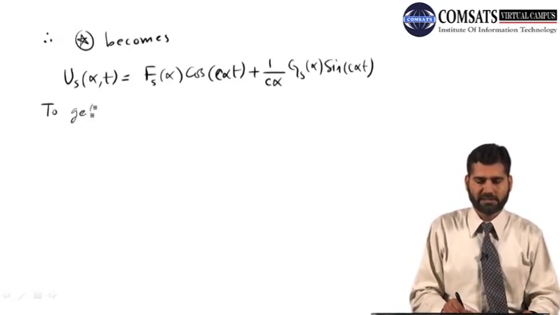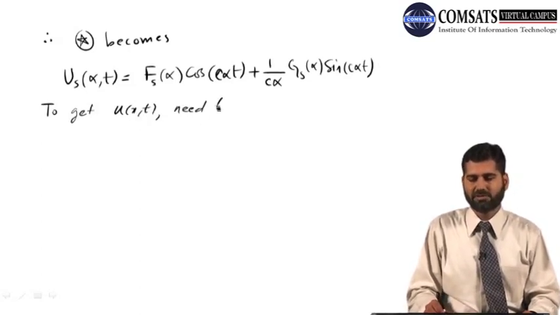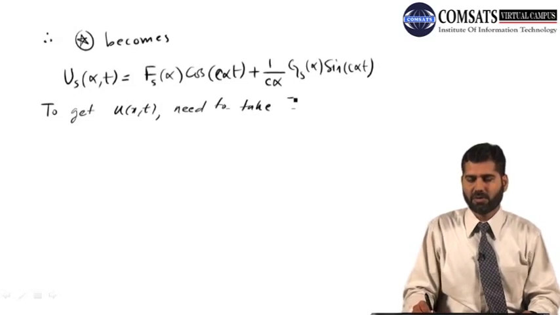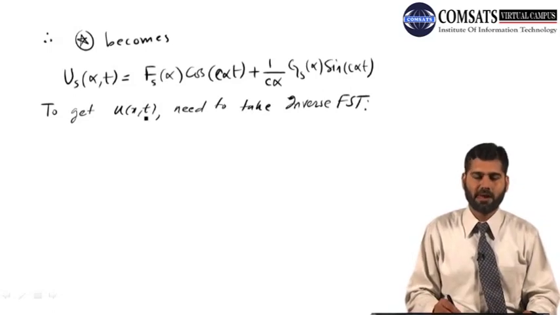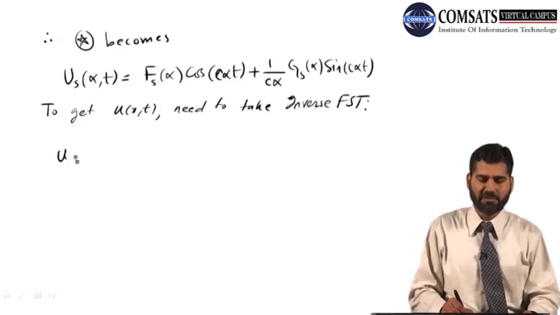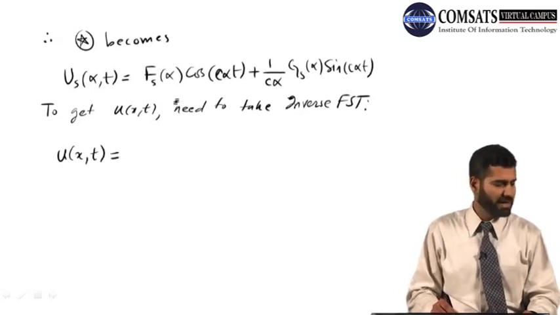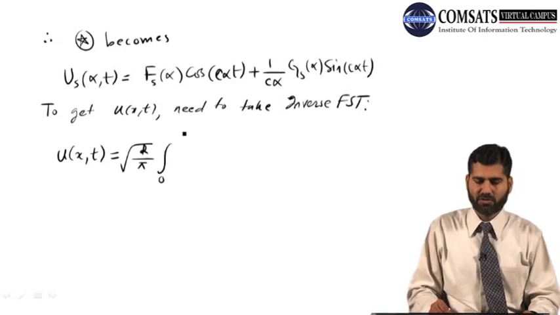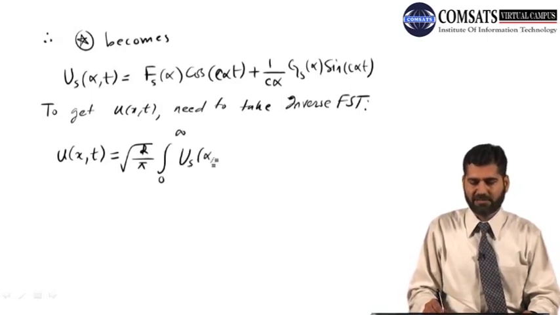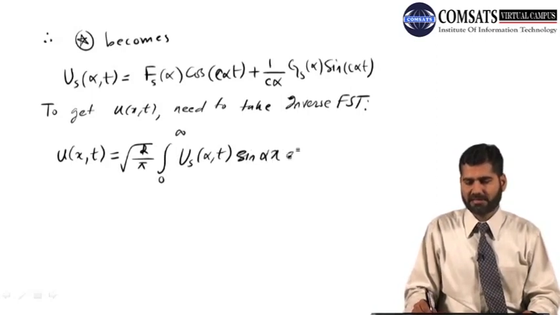To get u(x,t) back, we need to take the inverse Fourier sine transform. What will be the inverse transform? It is square root of 2 by pi, integral from 0 to infinity of U_s(alpha, t) sine alpha x d alpha.